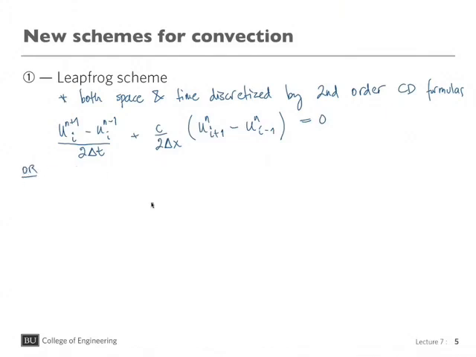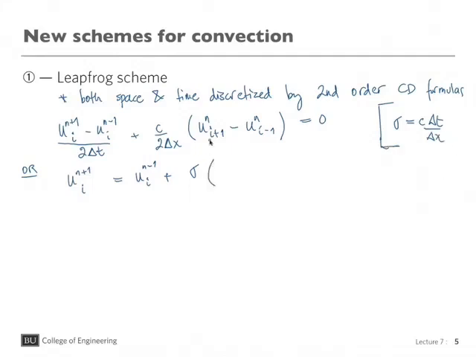Or, of course, we would want to write it in a way that we can use for a time marching calculation, and we would solve for u_i^(n+1), and this is going to be equal to u_i^(n-1) plus, remember we used the letter sigma to indicate our CFL number, c delta t divided by delta x.